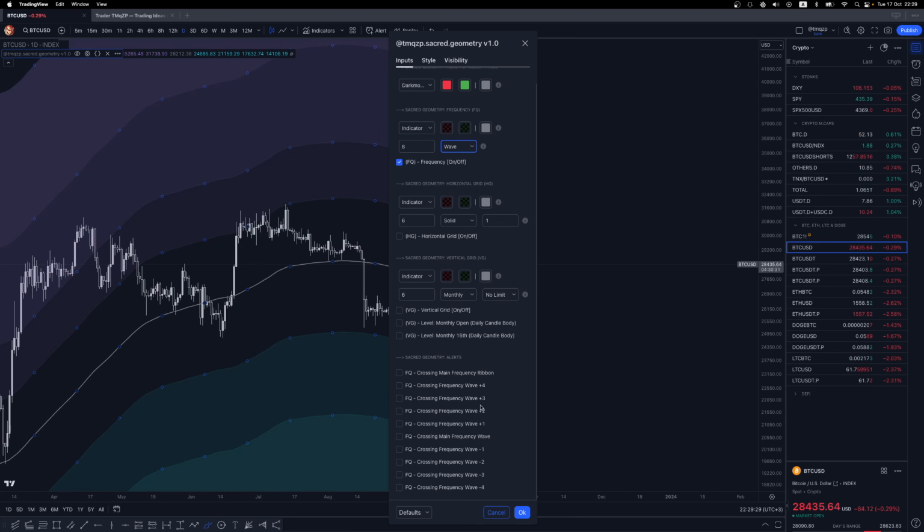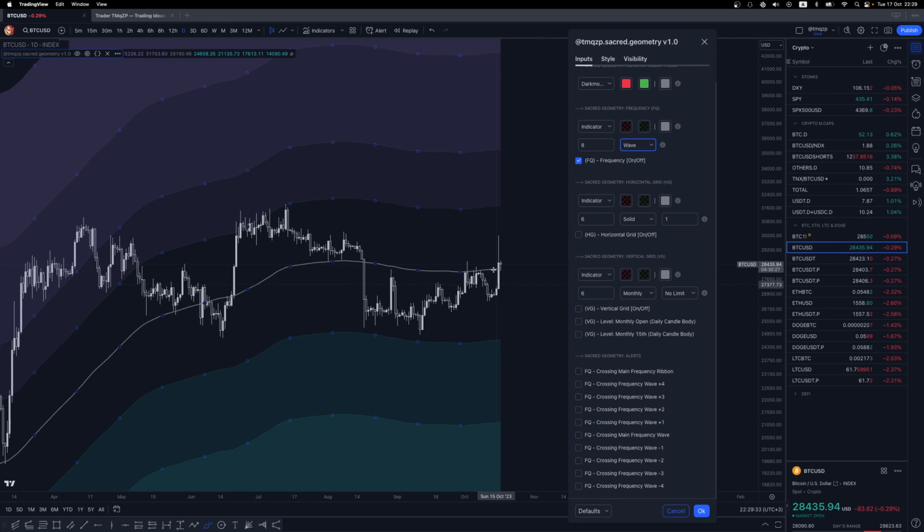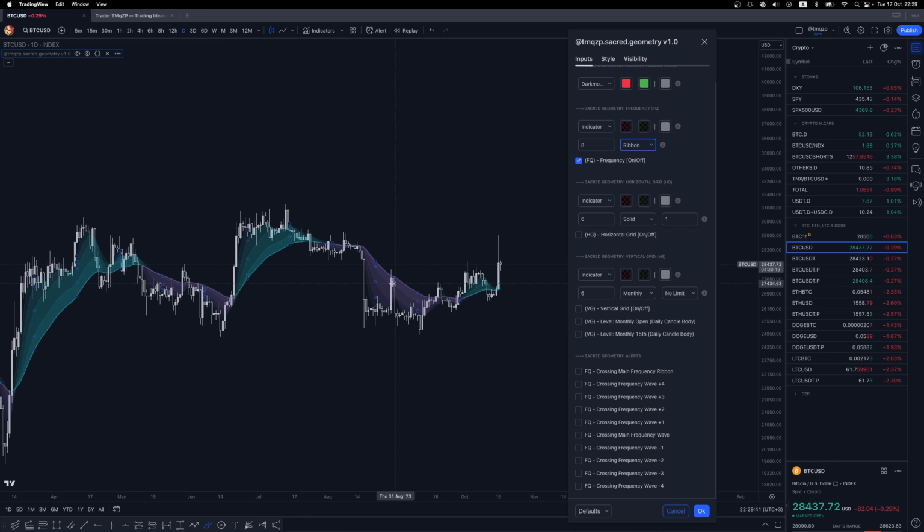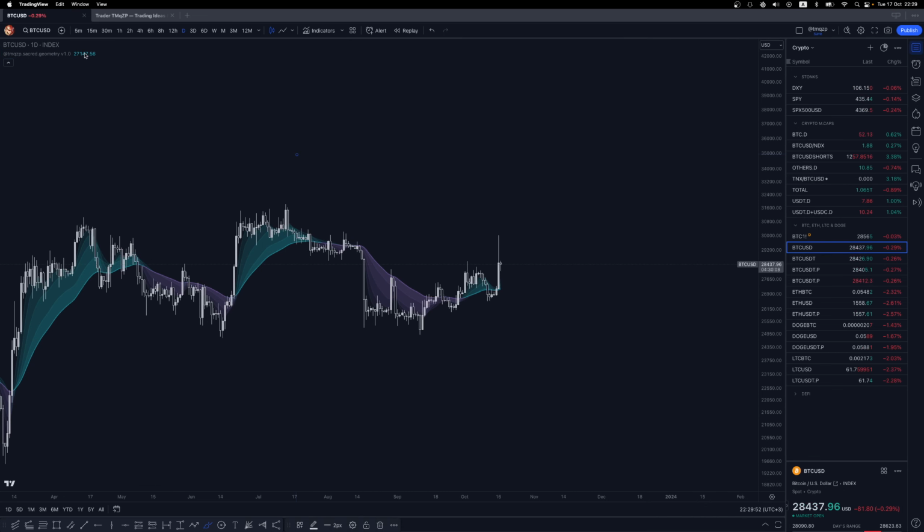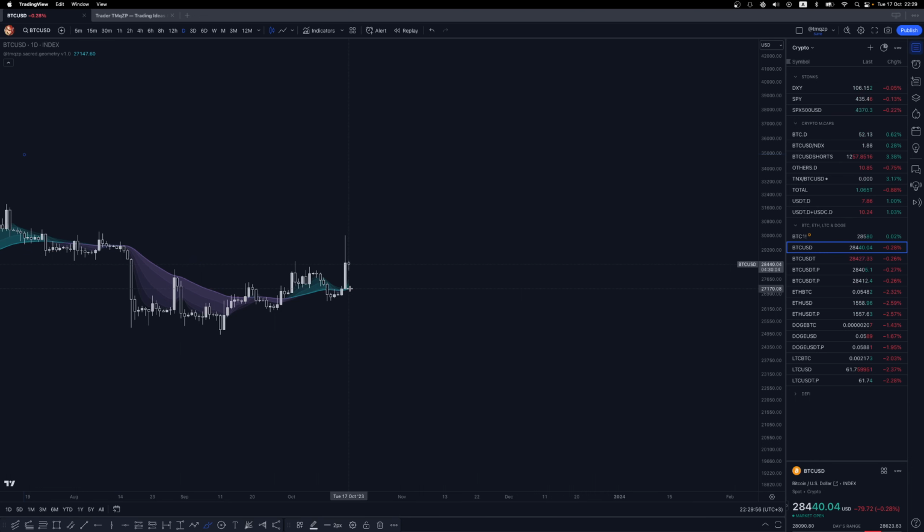So if you want to put an alert on one of the waves because you want some notification for when it interacts with one of these, then you can use these alerts here. And then one for the main frequency of the ribbon. That's the central one that governs the bullish or bearish cloud, whatever you want to call it. The center one is the one that has the alert, which is also the one that has a value. So right now it's right here, which is this value.